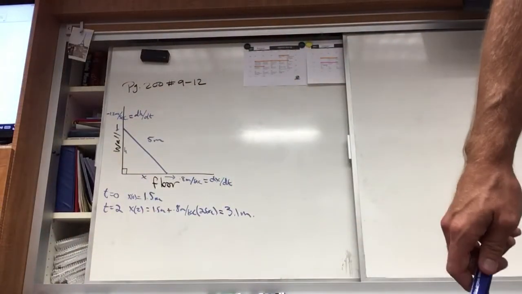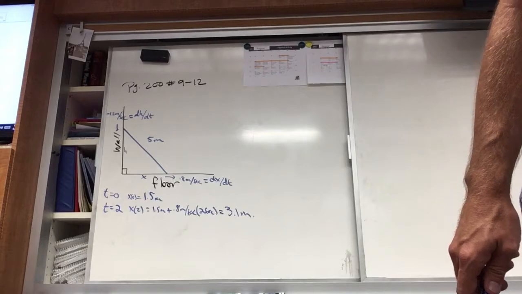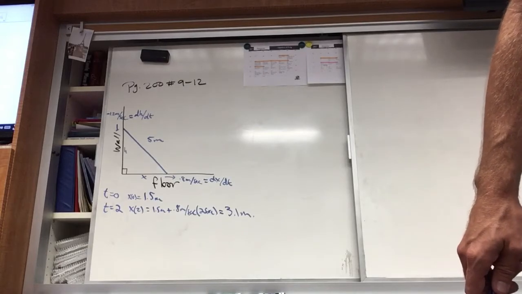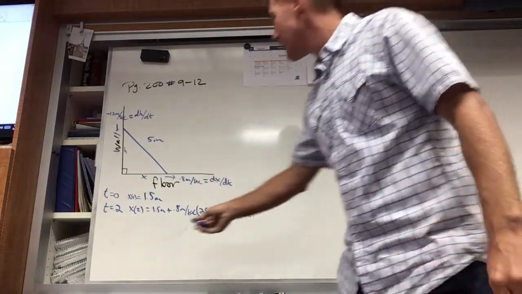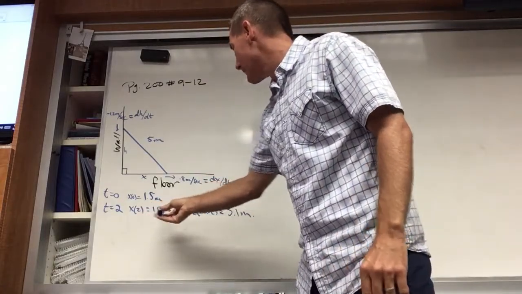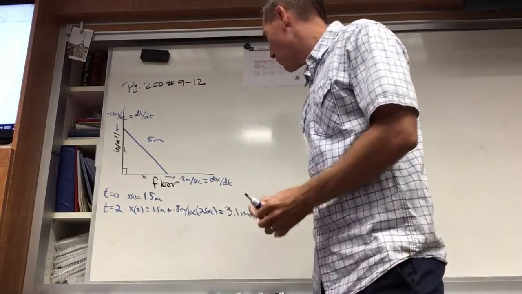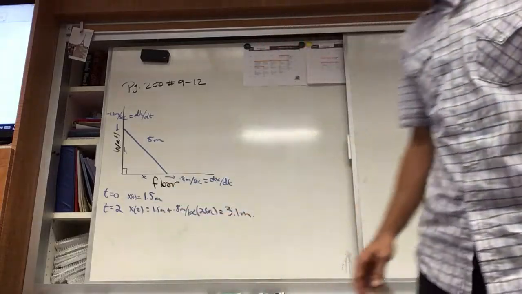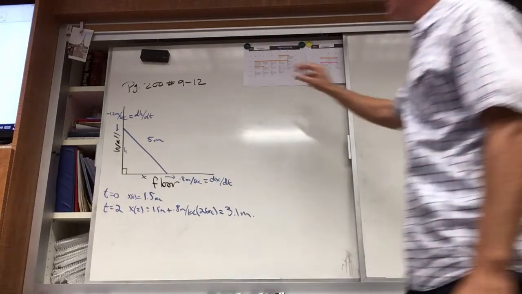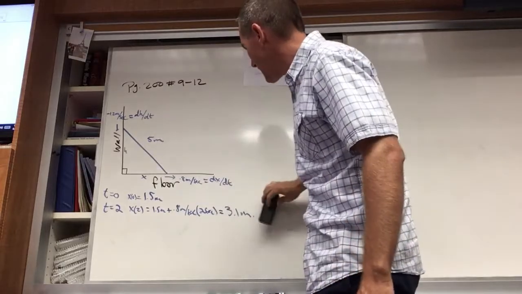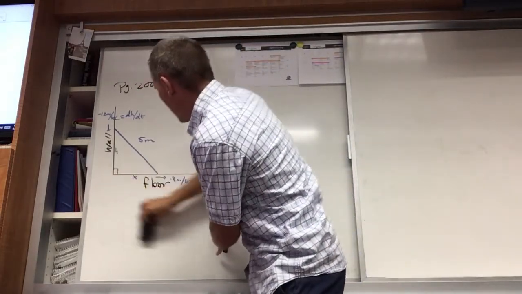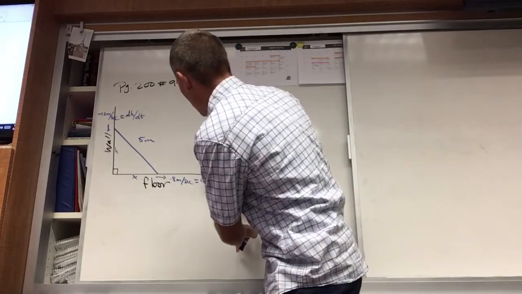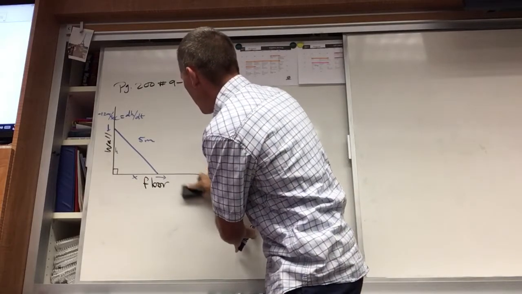And then what they also give me is calculate dx/dt when h is equal to 3 meters. So this was given so that I could calculate for number 9 the fact that that would have been 3.1 meters. I'm going to erase that because now we're given new information about dh/dt, and they want me to calculate dx/dt. So let's go ahead and do that. So this was for the earlier problem.